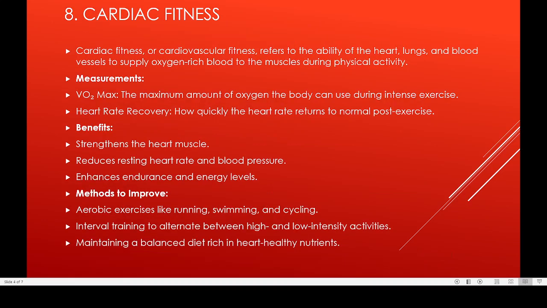Now next is cardiac fitness. Cardiac or cardiovascular fitness refers to the ability of the heart, lungs and blood vessels to supply oxygen-rich blood to muscles during an activity. For example, you are walking very fast. At your age you can walk very fast, you can run very fast.